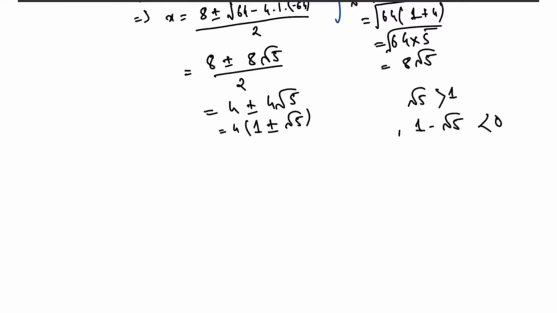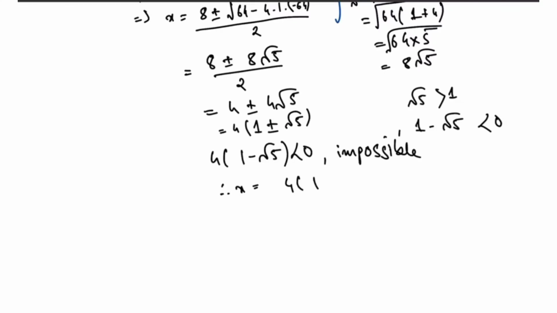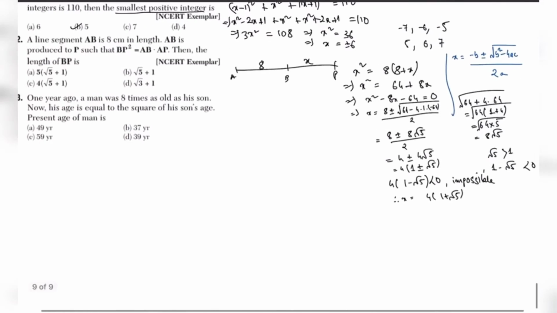So 4 times 1 minus root 5 is negative, which is impossible. So x equal to 4 times 1 plus root 5. Let us see if we have the option. Yes, it is there in option C.